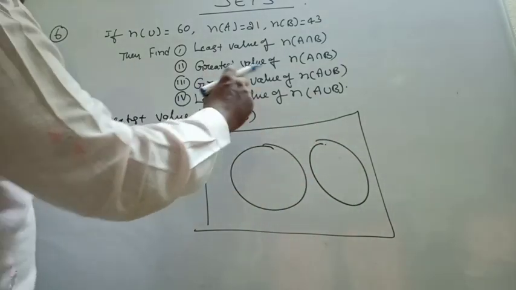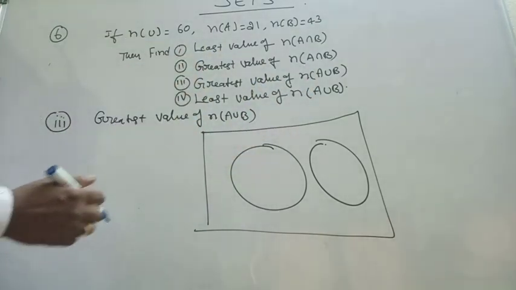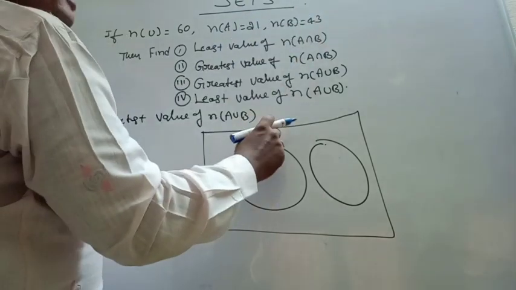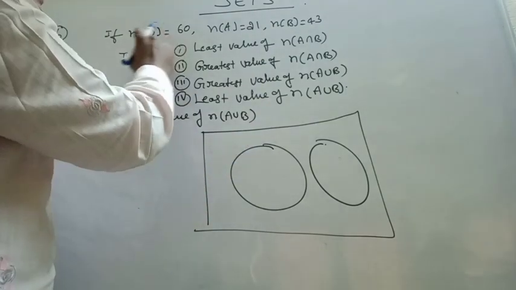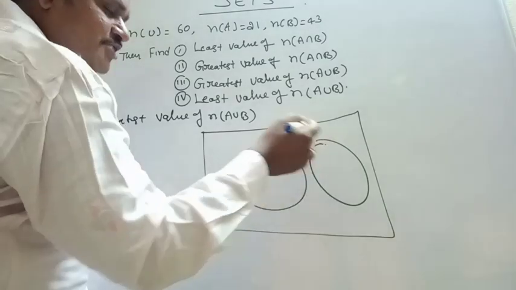But is it possible that they become disjoint here? It is not possible here, because when they are disjoint you have 21 plus 43, which becomes 64. But the universal set itself has 60 elements. Any set is supposed to be a subset of the universal set.